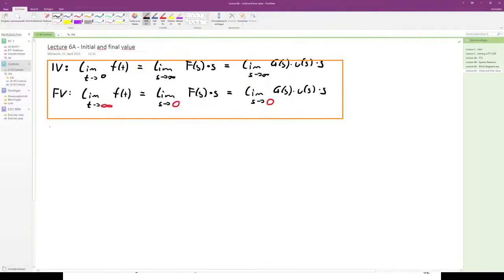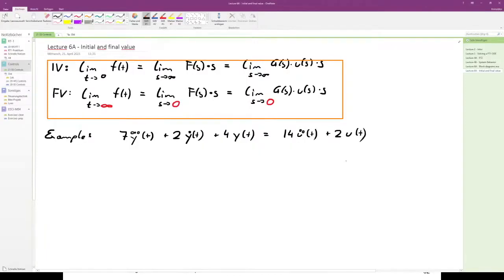Okay, and example number 1. I give you an ODE, and the ODE is the following. It's 7 times the third derivative of y of t plus 2 times the first derivative of y of t plus 4 y of t, and this is equal to 14 times the second derivative of our input plus 2 times the input itself.